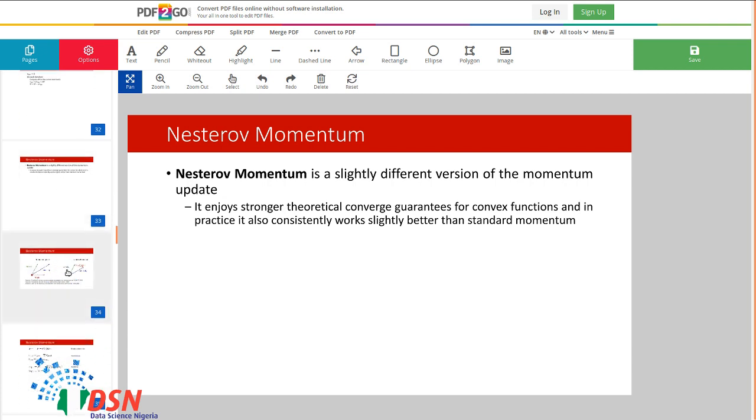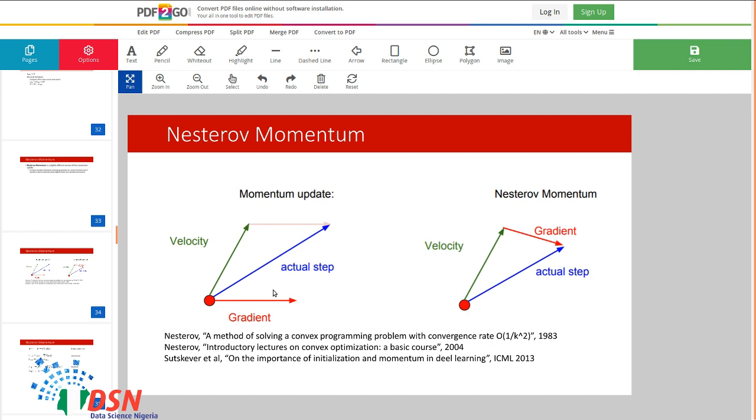The next thing is Nesterov Momentum, which is actually very similar to momentum.